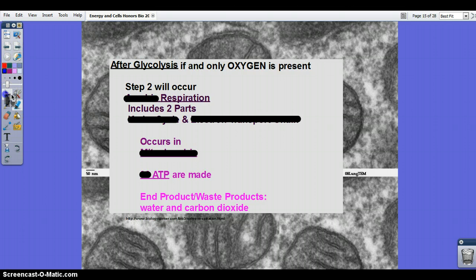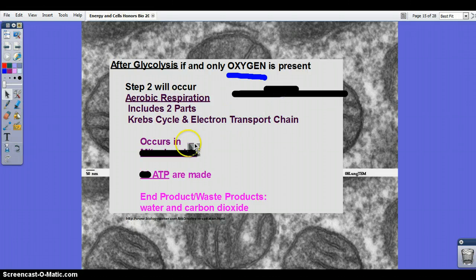After glycolysis, and all that takes place in the cytoplasm, if oxygen is anywhere around the cell, then step 2 and step 3 of cellular respiration will occur. This is called aerobic respiration, oxygen being the key word for aerobic. Again, that includes Krebs and electron transport chain.